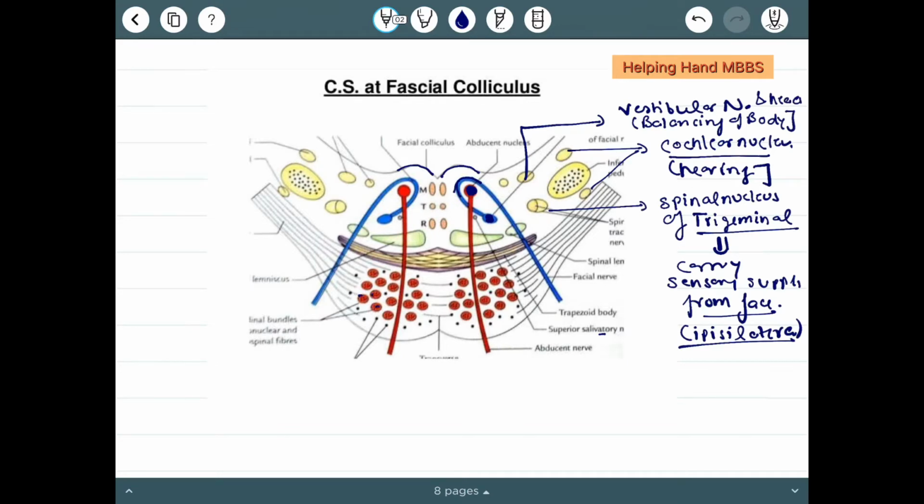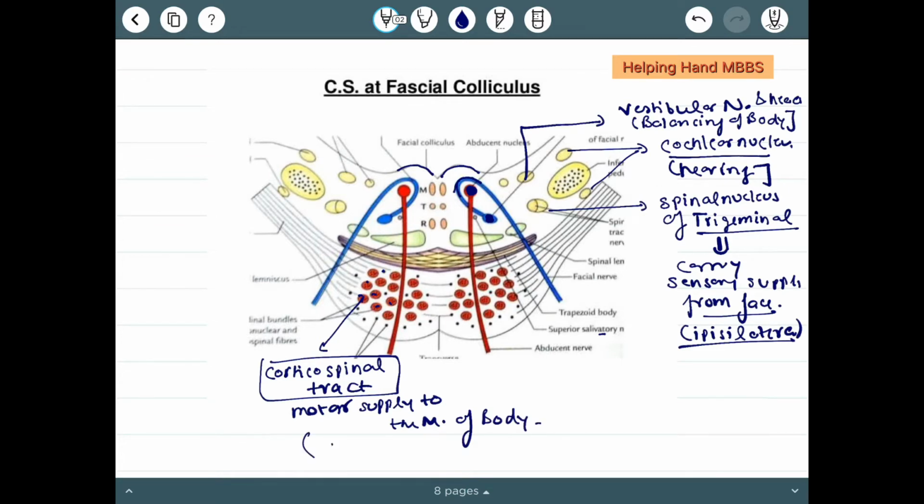What these red things you can see here are is the corticospinal tract, which carries motor supply to the muscles of the whole body.